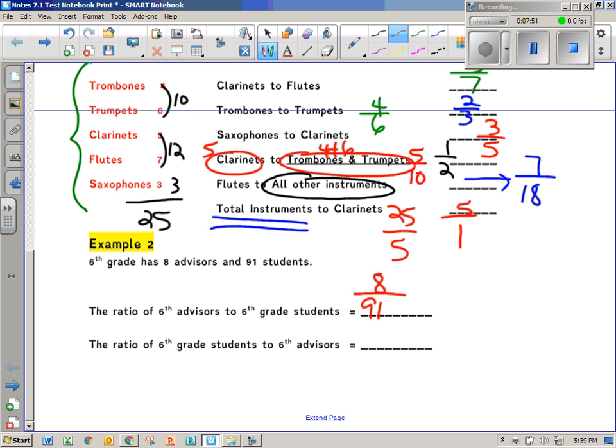The ratio of 6th grade students to 6th grade advisors, so that reversed it. So the order that it's written is very important. Whatever comes first would be on top here. So since students to advisors, it would be 91 over 8. 91 is not prime, but it doesn't have any common factors with 8.